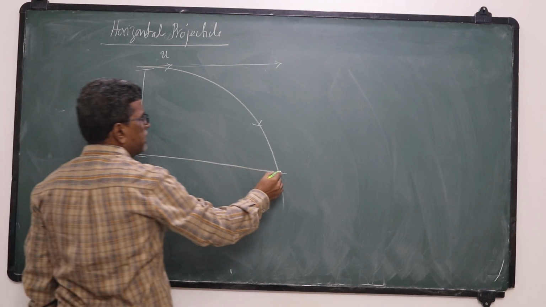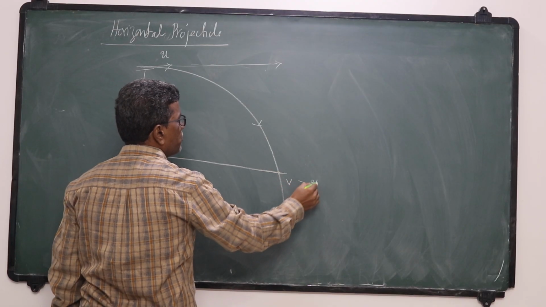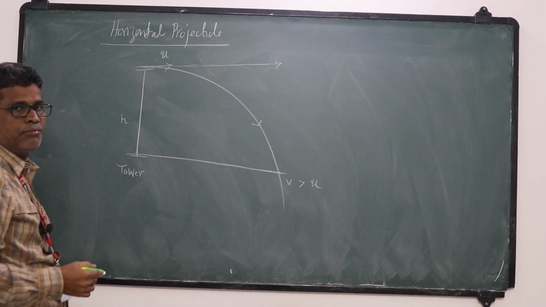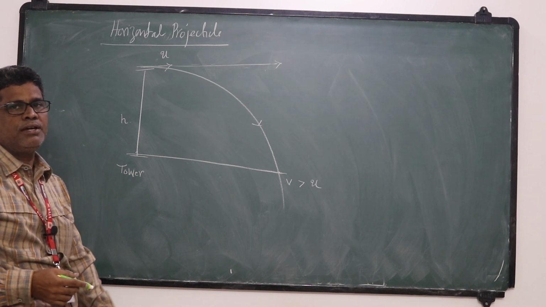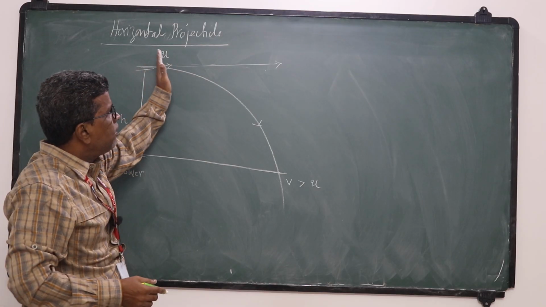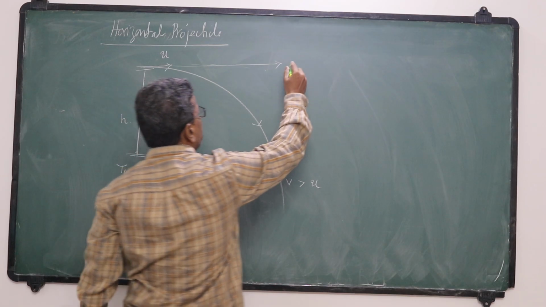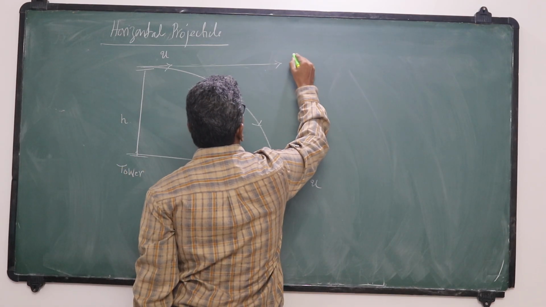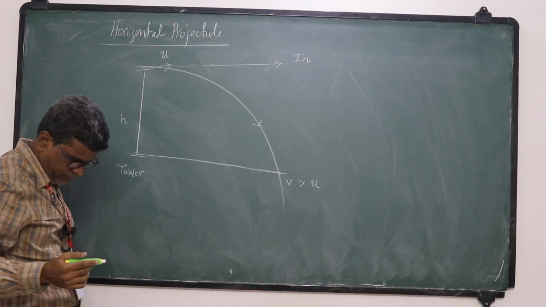If it strikes with a speed v, then this v is definitely greater than u, because it is moving in the direction of gravity. It is uniformly accelerated motion. In the horizontal direction there is no acceleration, because there is no gravity in the horizontal direction.